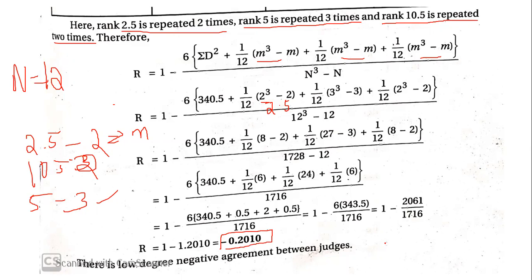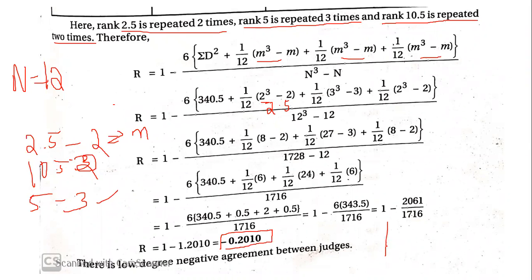Did you all get the same answer? Minus 0.2010. Yes? Good. Now, since it is minus, it is negative agreement or negative correlation.